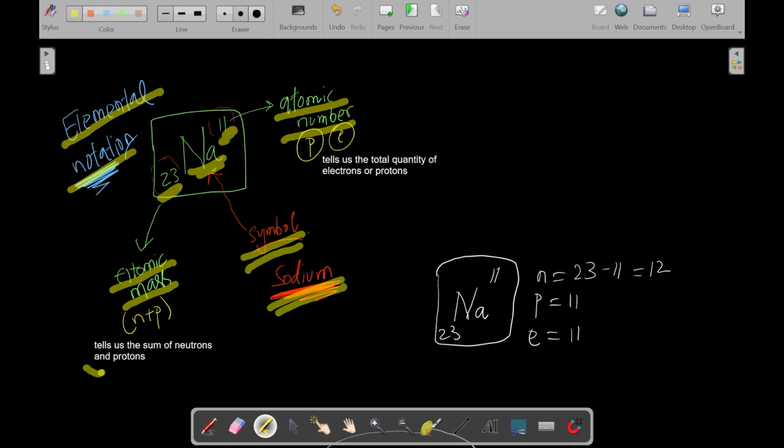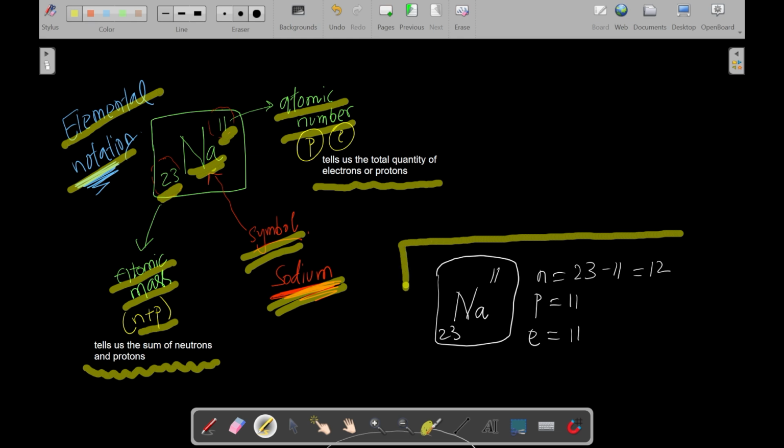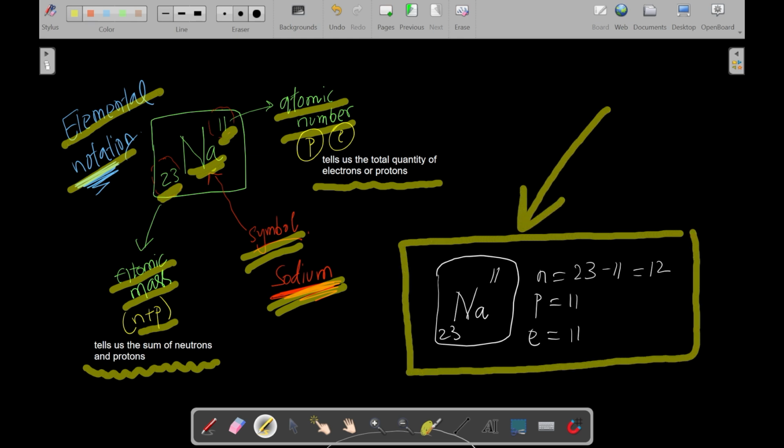So the atomic mass, let's recall, tells us the sum of neutrons and protons. So this is basically n plus p, neutrons plus protons, right? Whereas the small number, the atomic number, tells us the total quantity of electrons or protons. So by looking at this elemental notation, I can find out the subatomic particles of sodium.